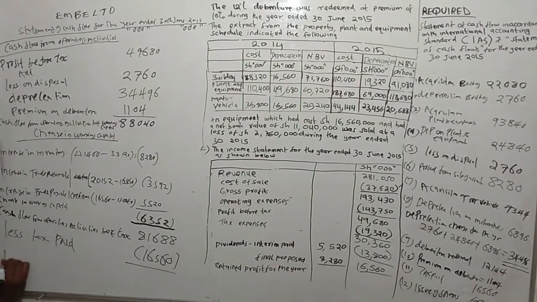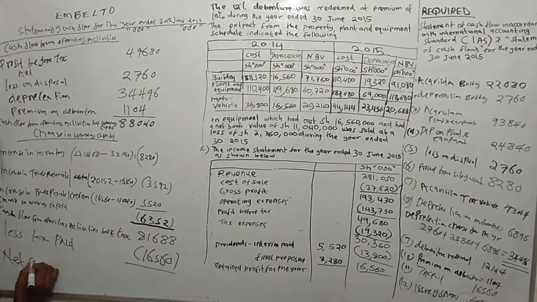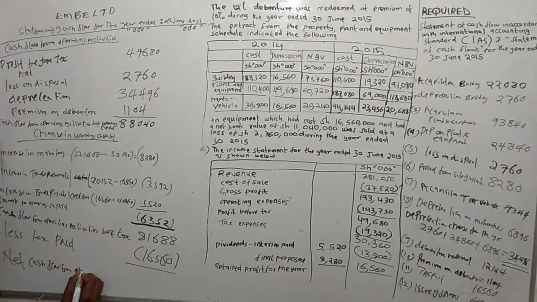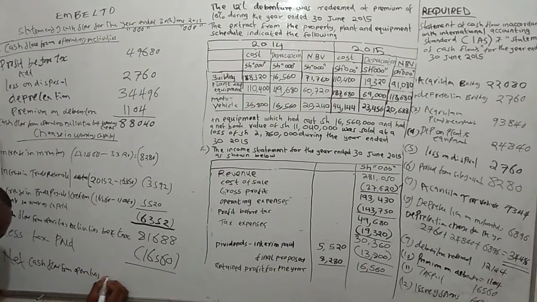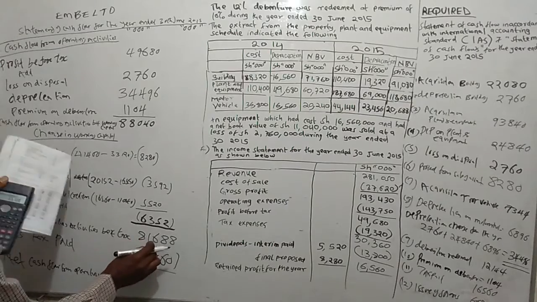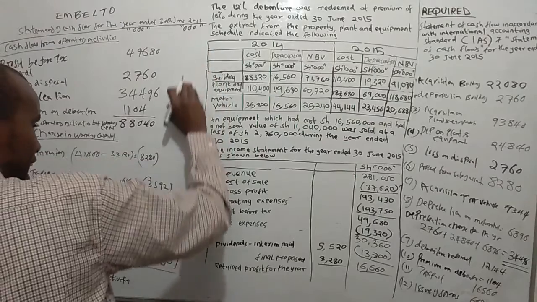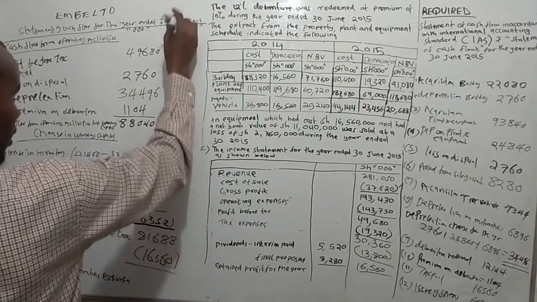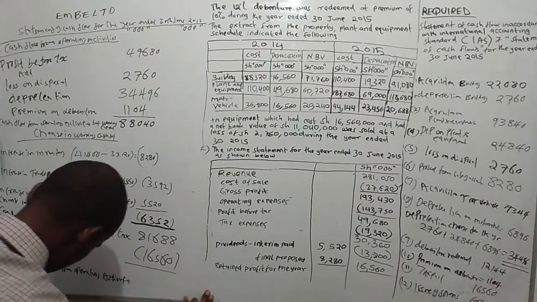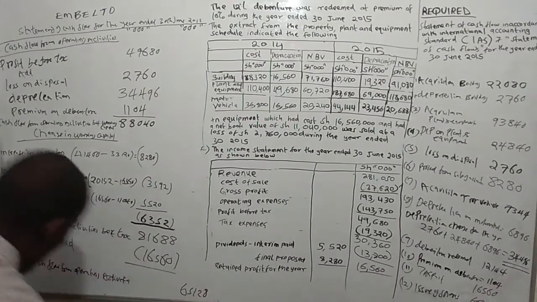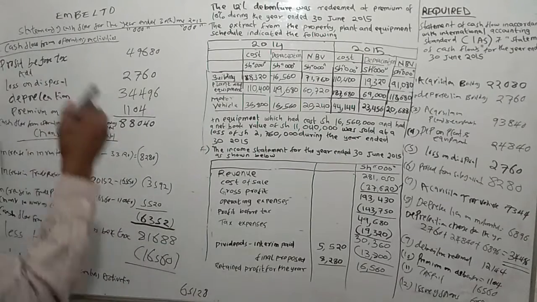Now we get the net cash flow from the operating activities. We write it on this column at the end: 65,128. That is our net cash flow from the operating activities.